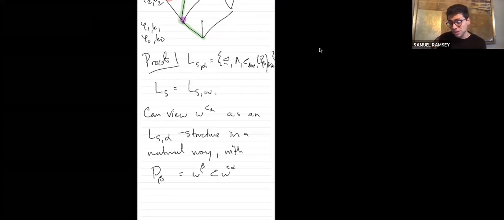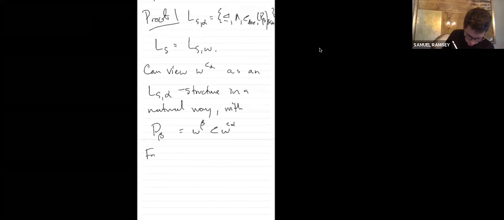So P_beta will just identify the nodes at level beta. So these are exactly the nodes exactly at level beta. That's P_beta. Okay, so notice this agrees with the definition of the L_S structure on omega to the less than omega that we gave before. It just extends it to trees of possibly different height.